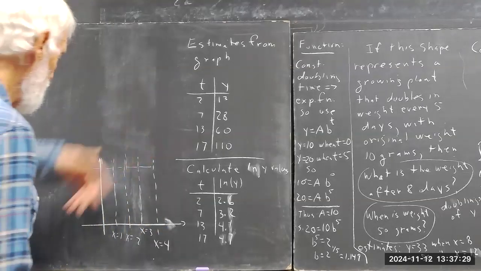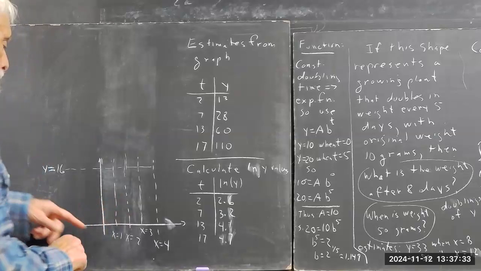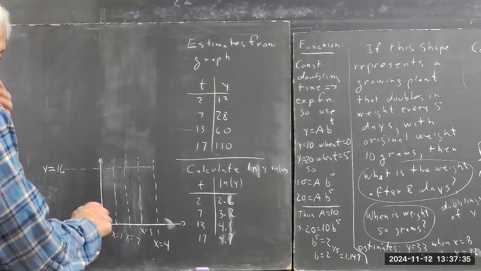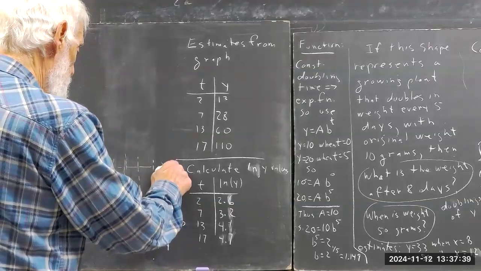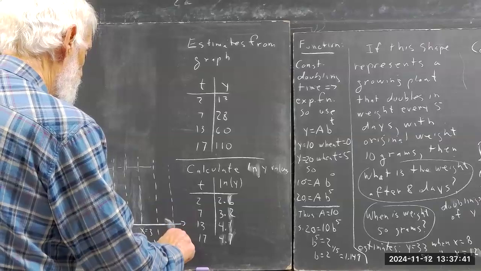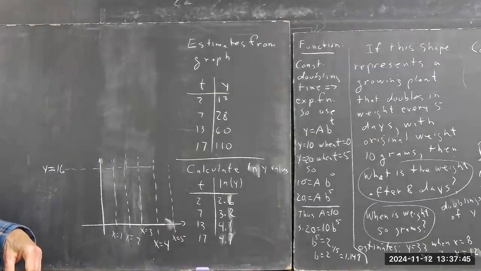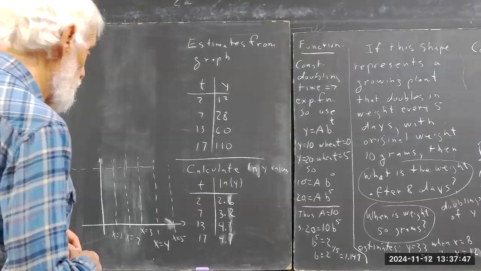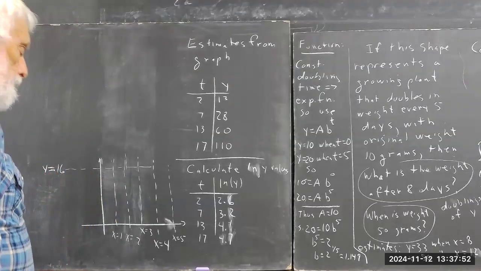My line wasn't all that straight, or all that vertical. But I've got a scale now. And if I want x equals 5, I just go over about that far. Now I've got x equals 5, right?